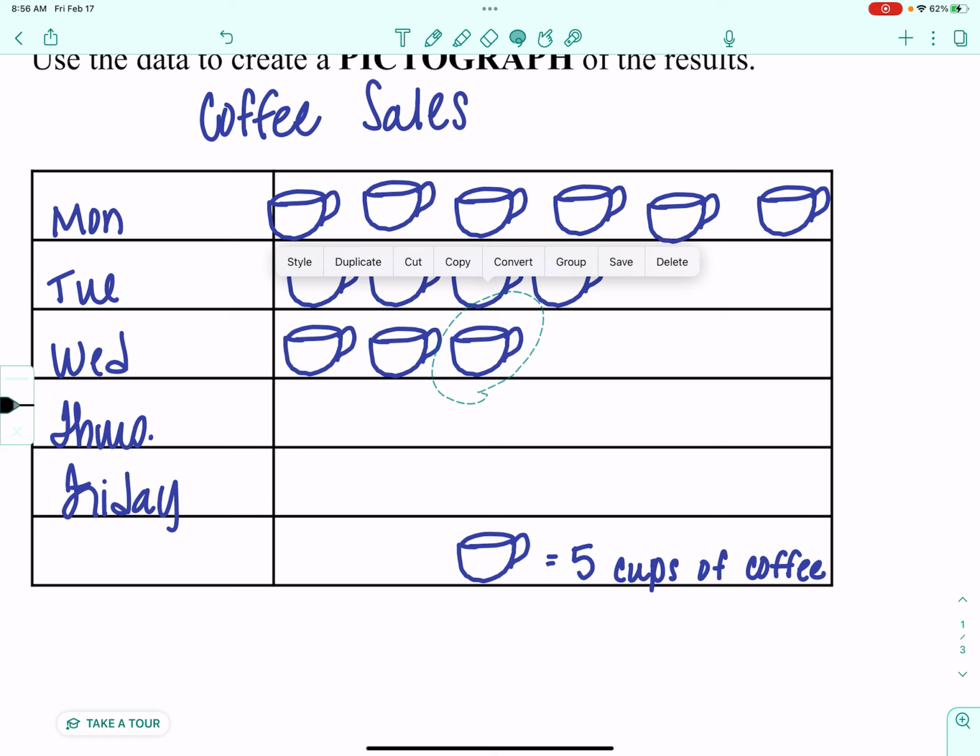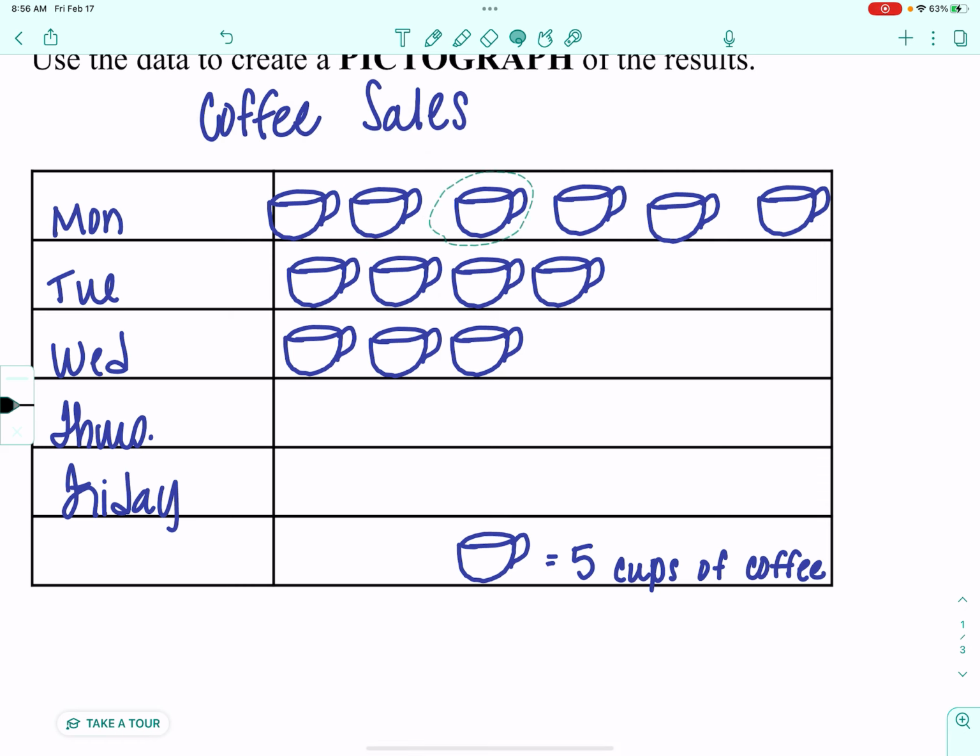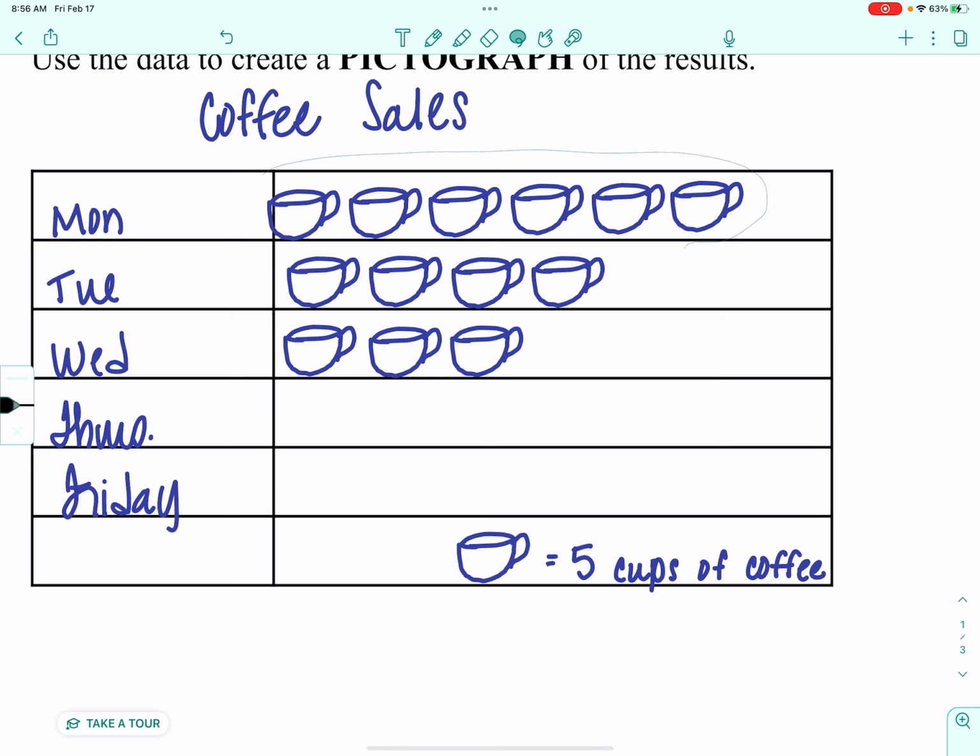On Thursday, he sold 40 cups of coffee. So I have 10, 15, 20, 25, 30 up here.